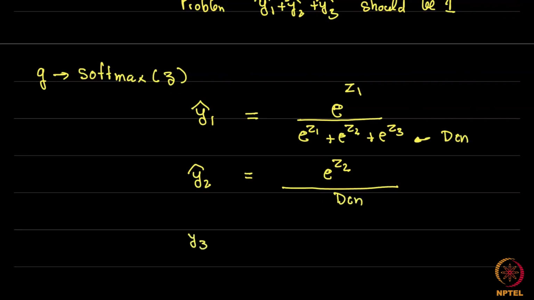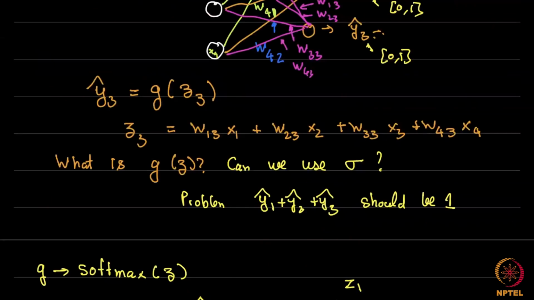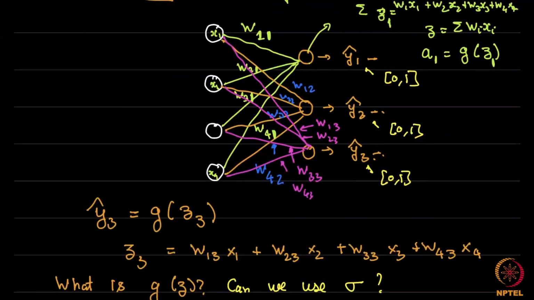And y hat 3 is e power z3 by this denominator. And then obviously, if I sum the three, I simply get 1. This is the advantage of creating this softmax function. It has one other nice advantage, which I'll talk about the next week. But the advantage of the softmax function is that we are always ensured that we can interpret the output as if it is a probability.